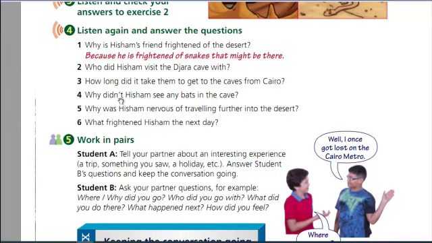Number 4. Why didn't Hisham see any bats in the cave? Because they probably were sleeping. Number 5. Why was Hisham nervous about traveling further into the desert?